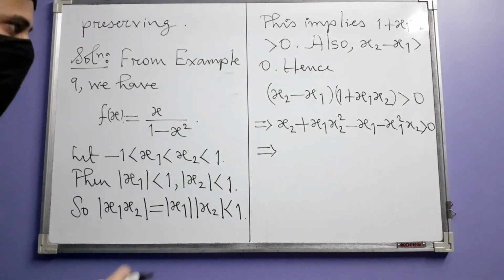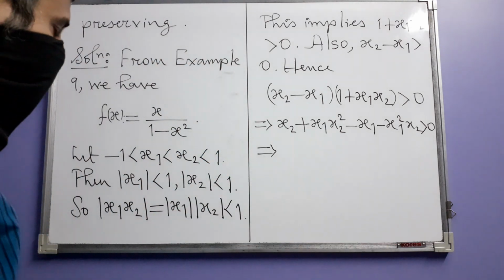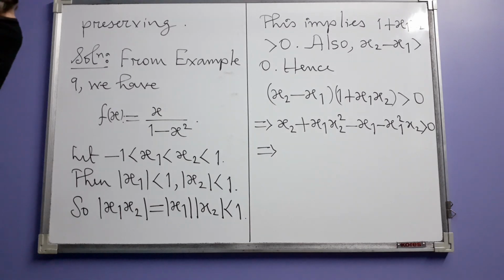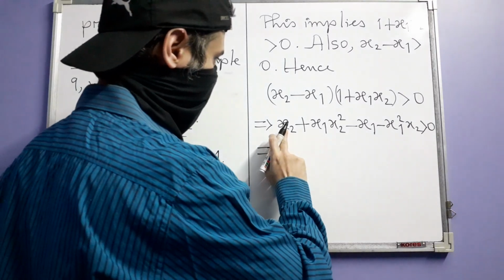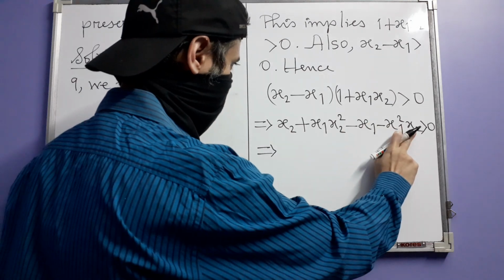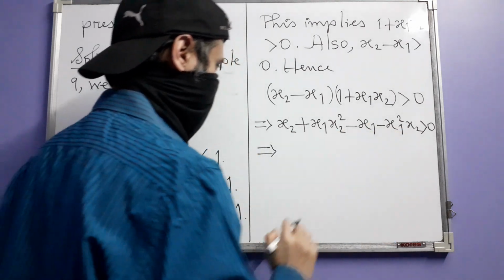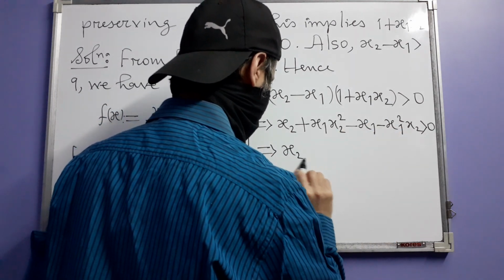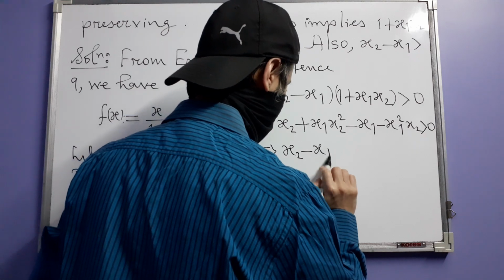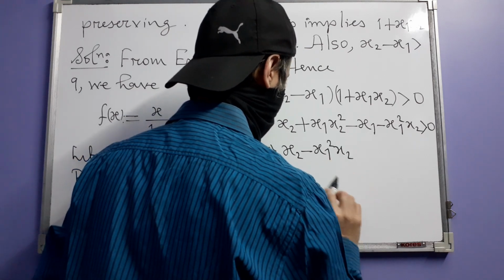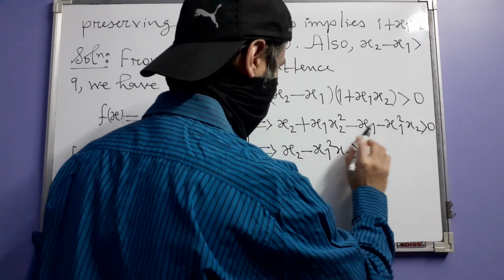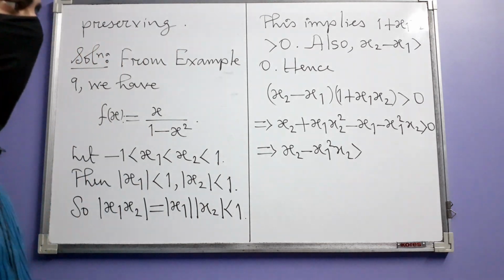Now I will transfer two terms on to that side. Let me keep x2, this first term, and this last term on this side. That means x2 minus x1 square x2, and transfer the middle two terms to that side.